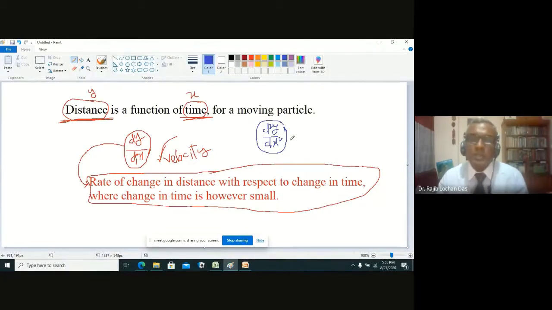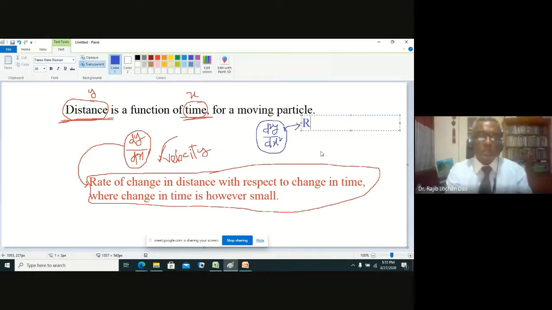But in this differentiation, what I want you to understand is that this is actually the rate of change in velocity, with respect to change in time.